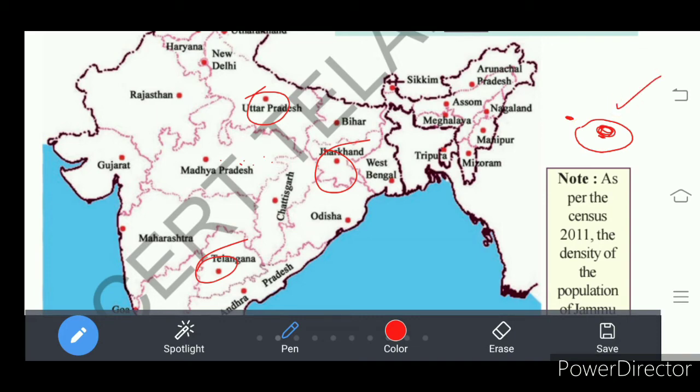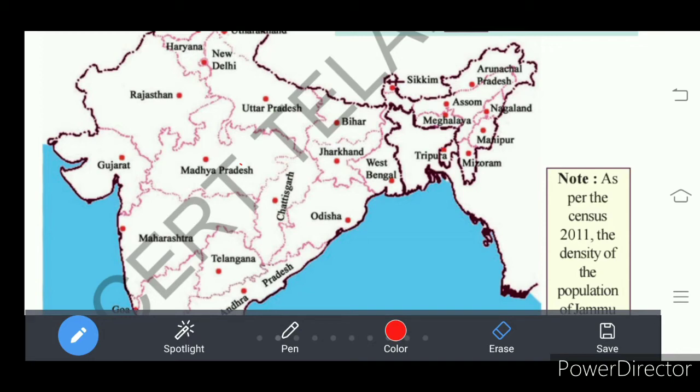This is the symbol used for the national capital, and here the small dot is the symbol used for a state capital. A river is shown like this. So different symbols are used to represent different things in the map, which the map maker considers very important.